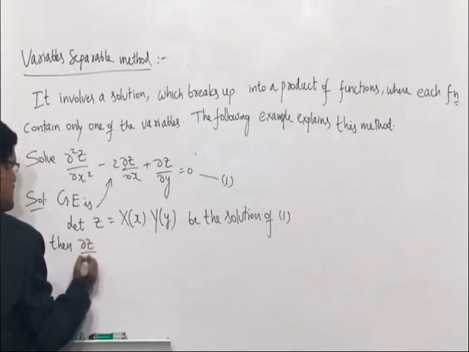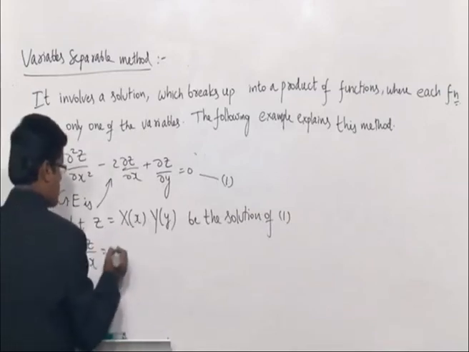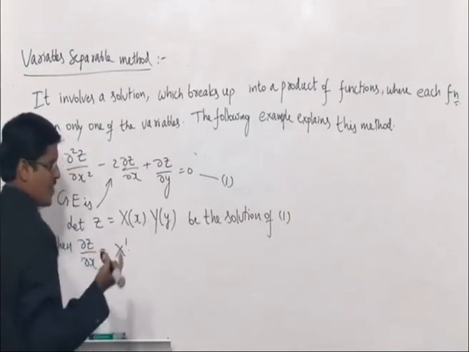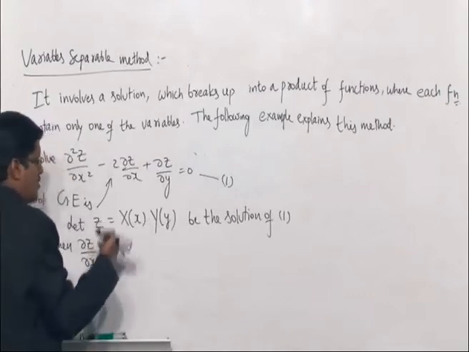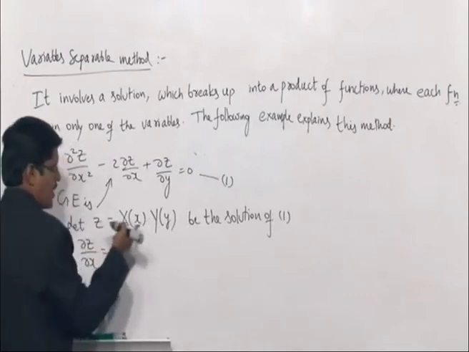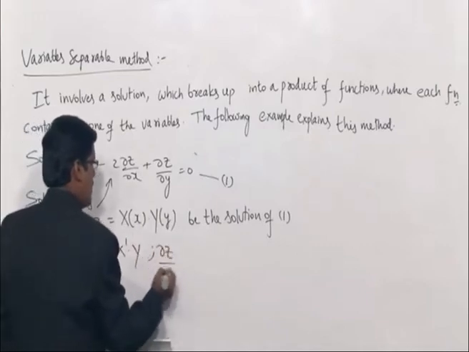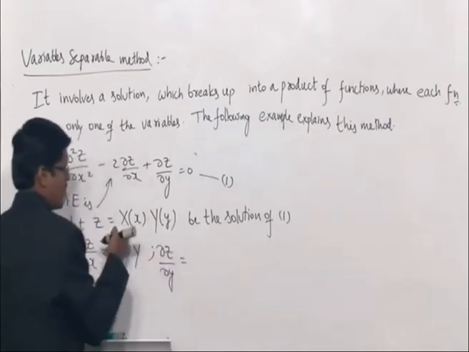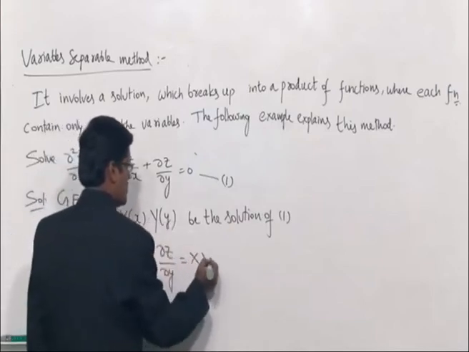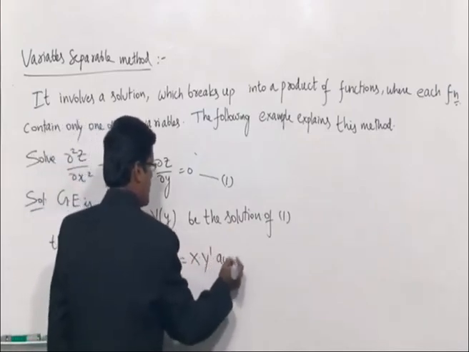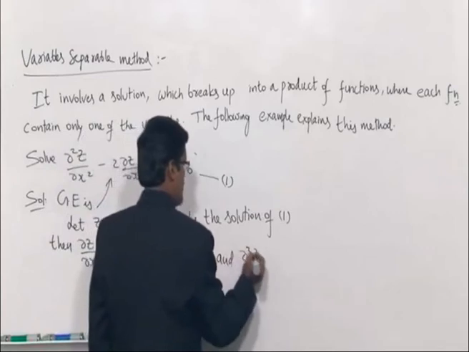Then what is del z by del x? With respect to x partial, y constant, so x derivative, like f dash x, here capital X derivative, say capital X dash, because it is unknown right now, we are going to find it. Del z by del y, partially with respect to y, keeping x constant, y derivative Y dash. So X into Y dash. And what is the other derivative? Del square z by del x square.